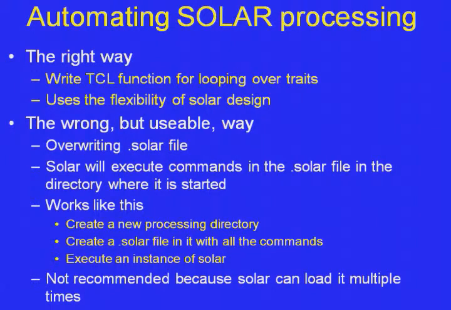The .solar file will be executed by Solar the moment it starts. I've done it before, where you create a new processing directory, then create a .solar file in that directory, fill it with all sorts of commands, and then execute an instance of Solar in that directory. Again, this is highly not recommended because Solar can attempt to read this file multiple times, and this can cause unpleasant behaviors.